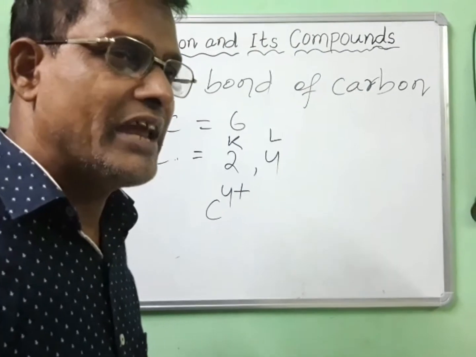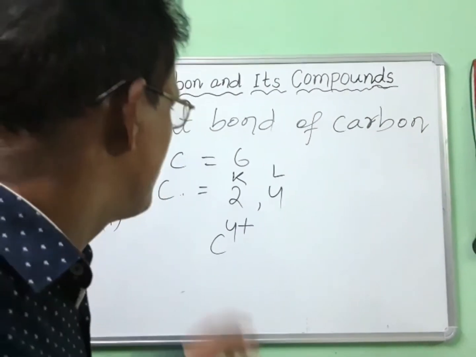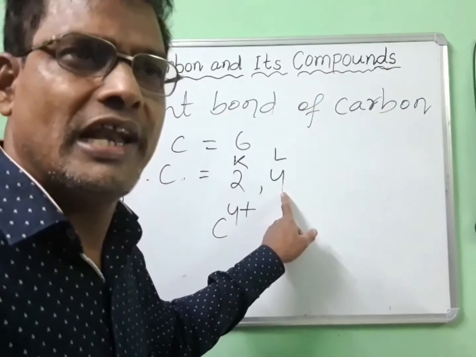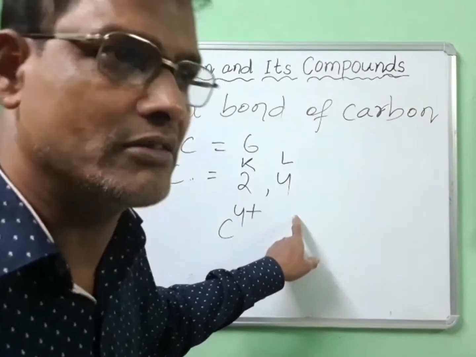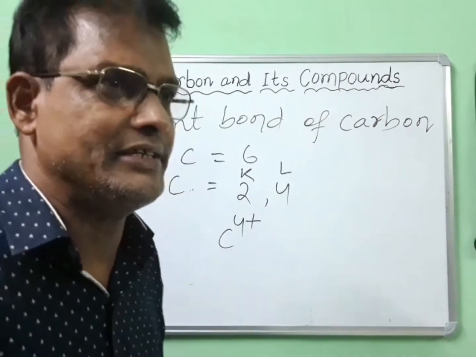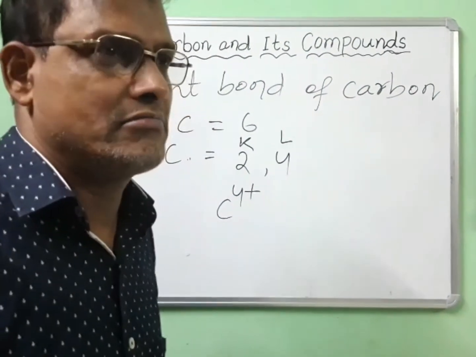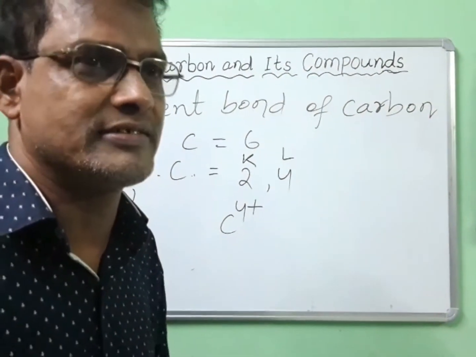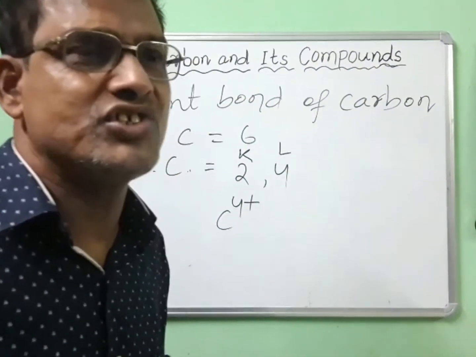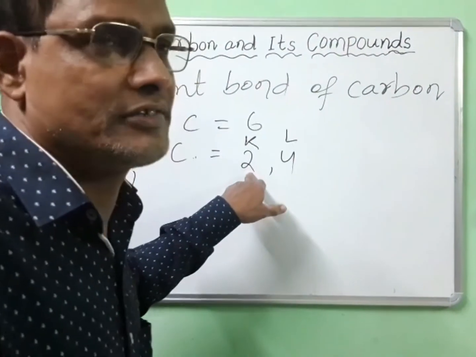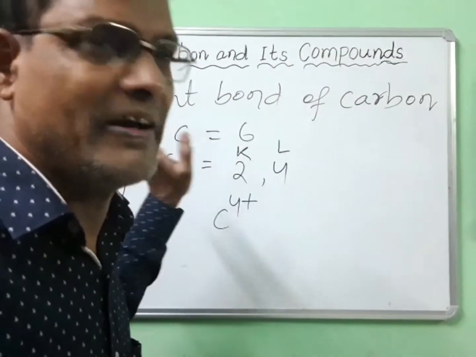But a massive amount of energy is required to remove these 4 valence electrons, leaving behind a carbon cation with 6 protons in its nucleus holding on to just 2 electrons. Okay, this is the first way.